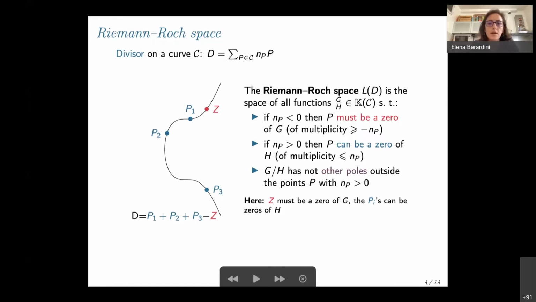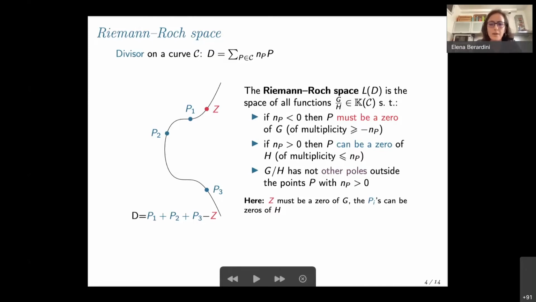Every point p that appears in D with a positive coefficient can be a zero of h, so a pole of the function, but the function cannot have other poles outside these points that I just mentioned.